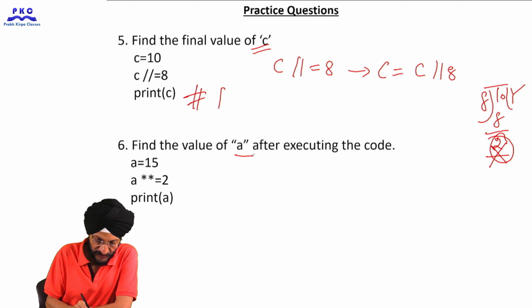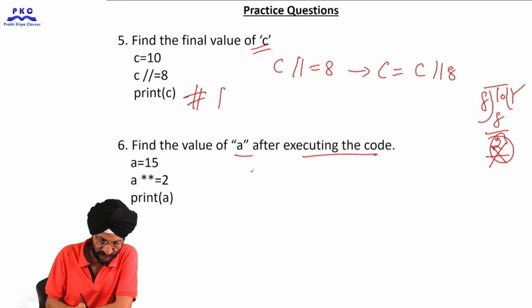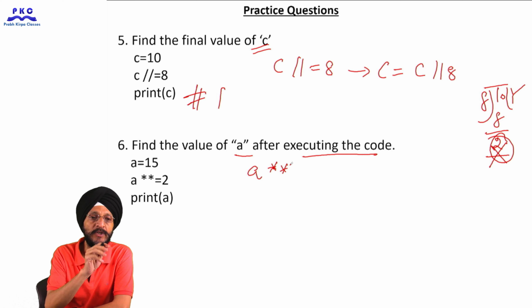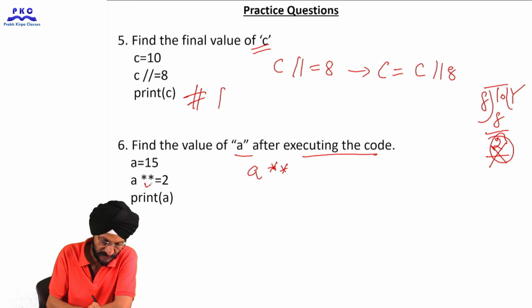Find the value of A after executing the code. A is equal to 15. A exponentiation assignment 2, print A. What is given? A raised to power. It is exponentiation, not a single asterisk sign, it is a double asterisk sign.